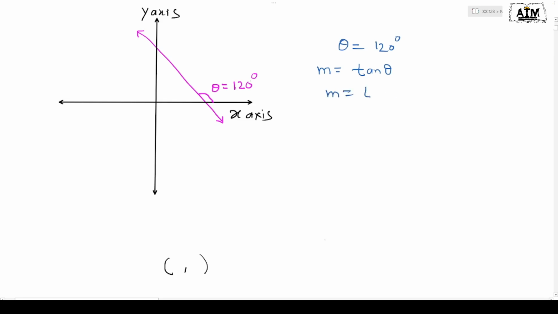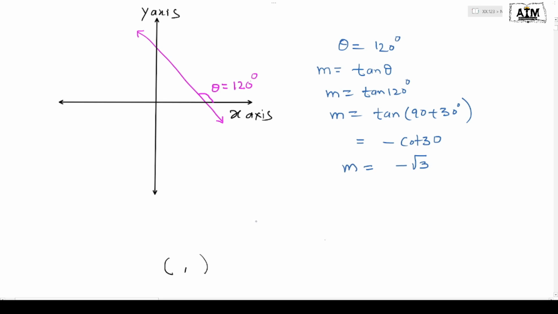So m equals tan 120 degrees. So m equals tan (90 plus 30). 90 plus 30 is the second quadrant. In the second quadrant tan is negative. It is minus cot 30. So that equals minus root 3. So slope of the line equals minus root 3.